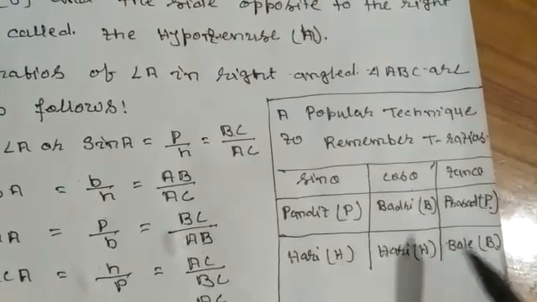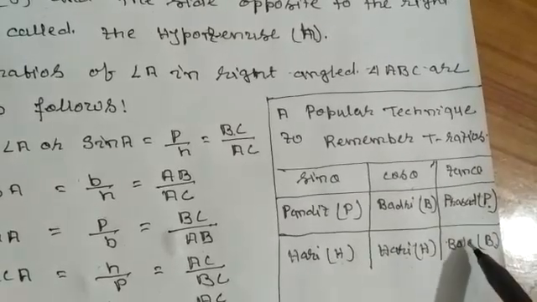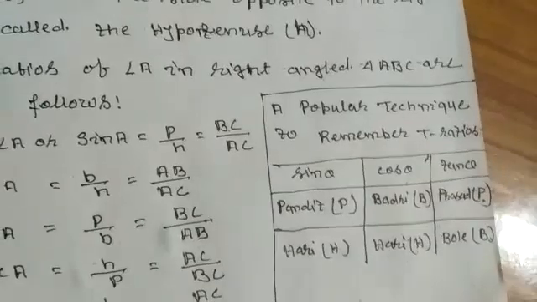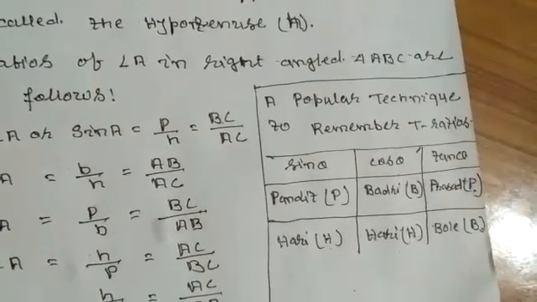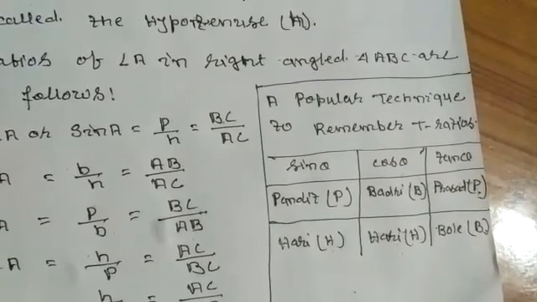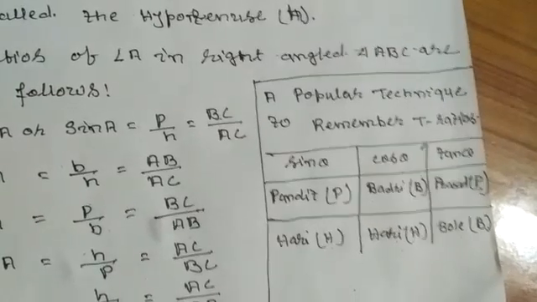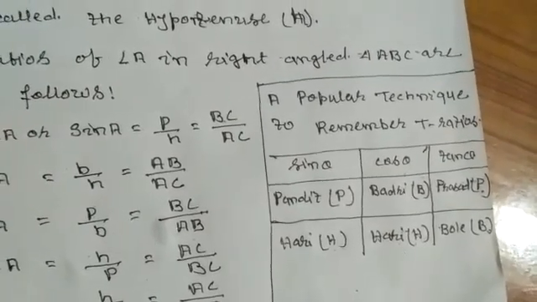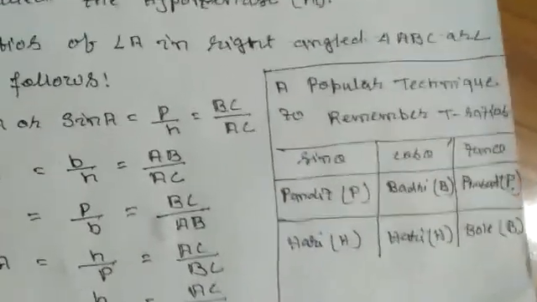And when you take B by P, you get the reciprocal of tan, that is cot. So in this way, with the help of this sentence, you can remember all 6 ratios in a very easy and playful manner. It will really help you.